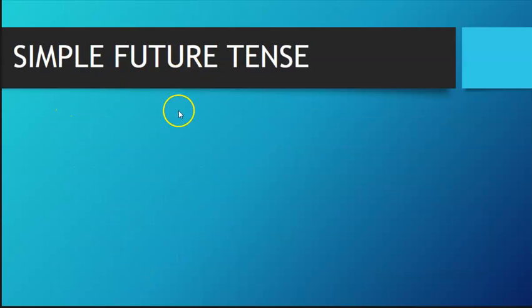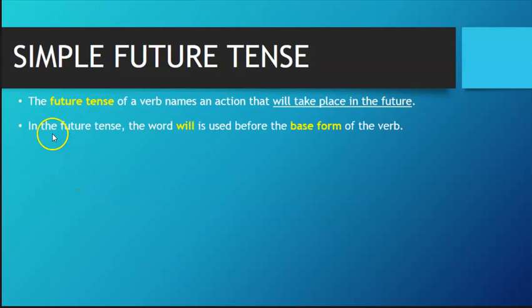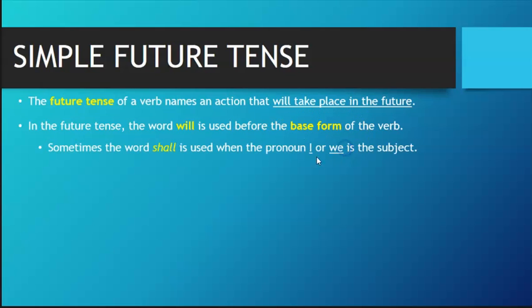Simple future tense names an action that will take place in the future. So it hasn't happened yet. It's going to in the future. In the future tense, the word will is added to the base form of the verb. Sometimes we use shall if the pronoun is I or we. I shall visit tomorrow.